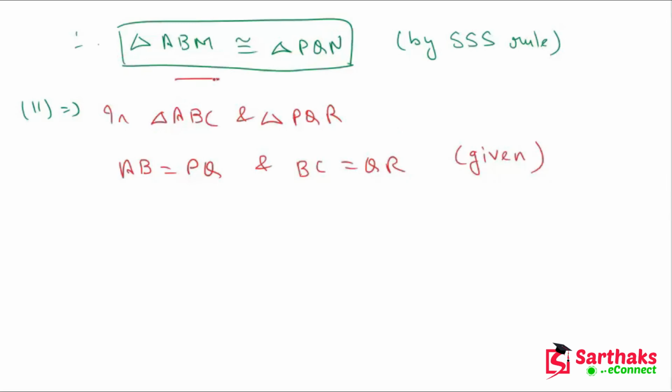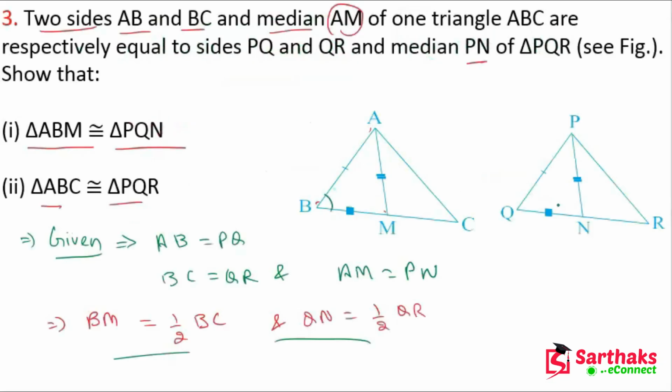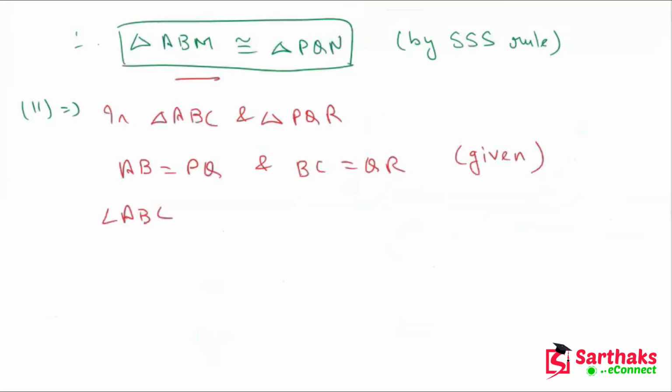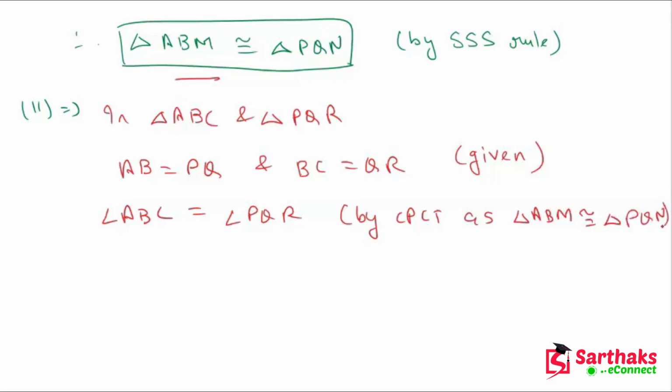Now from these two triangles, we know that angle ABC is equal to angle PQR by CPCT, as triangle ABM is congruent to triangle PQN.